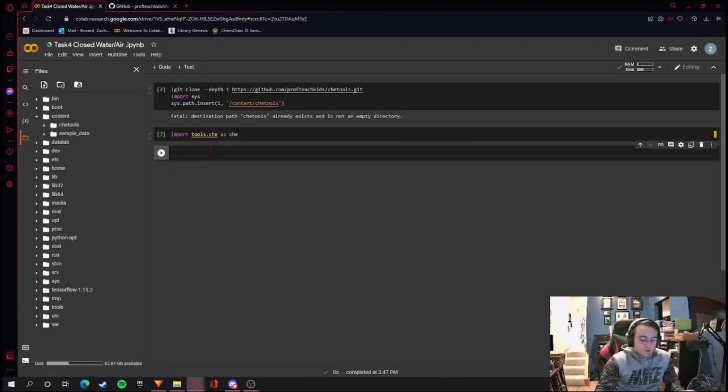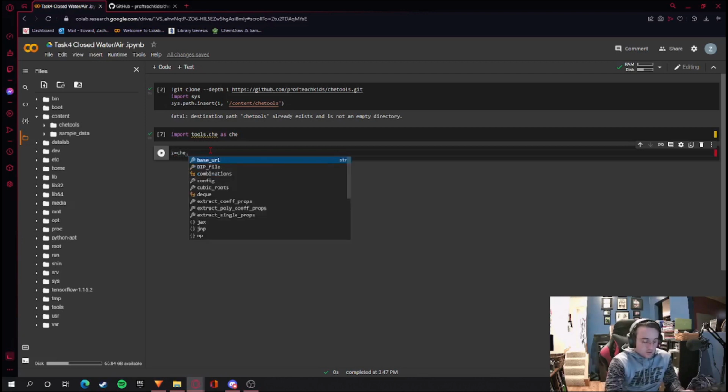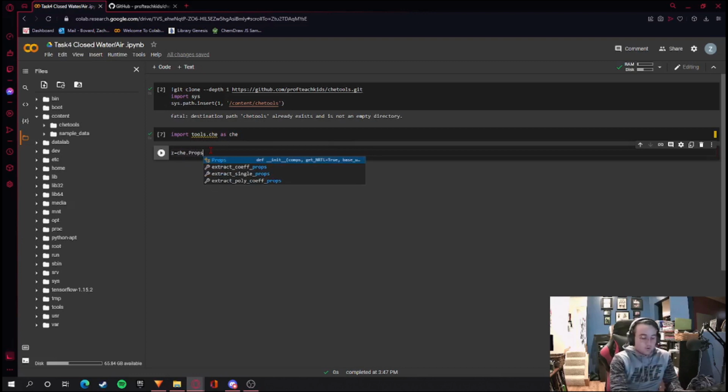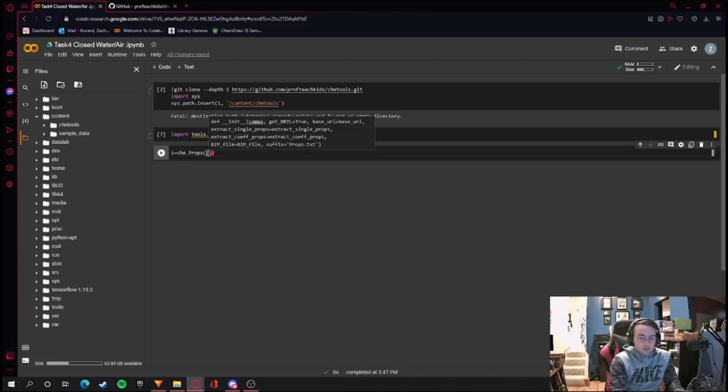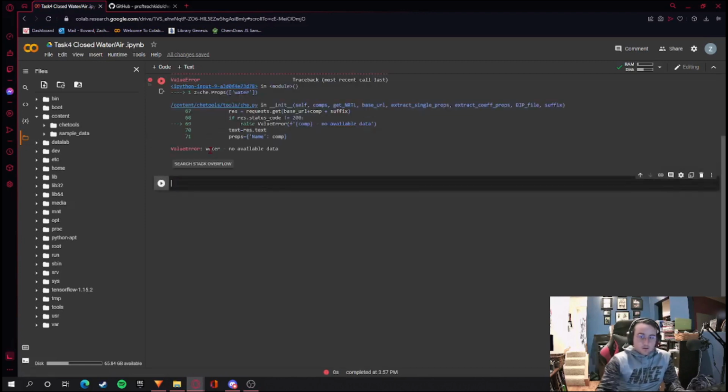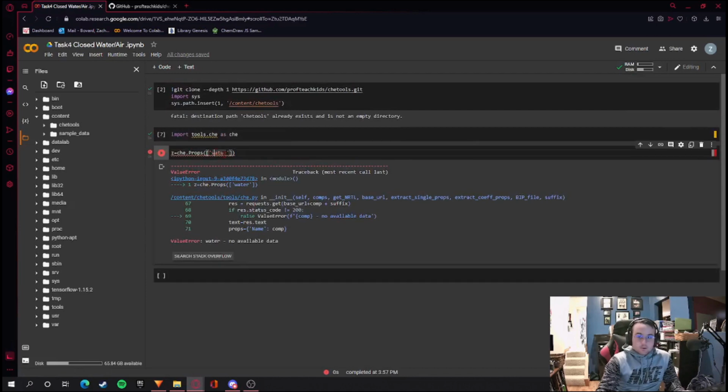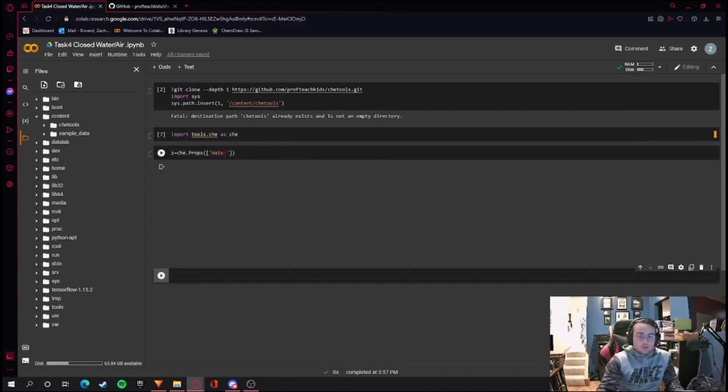Then we are going to create a class and also create an object with it, or instantiate. So we're going to do che.props, and then we are only going to be looking at water in this case. And oh, that needs to be capital W. And then we can do this.